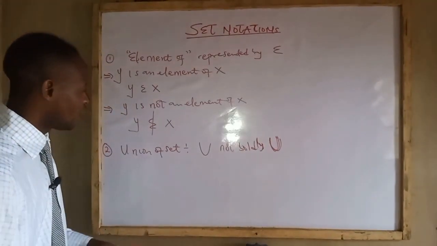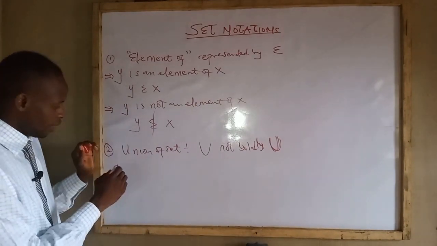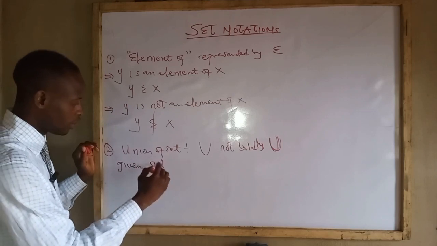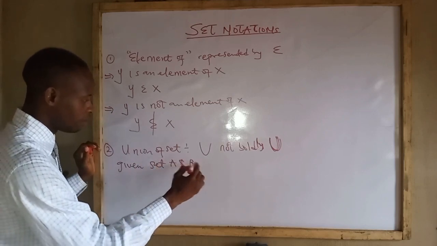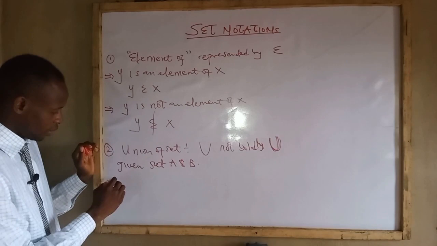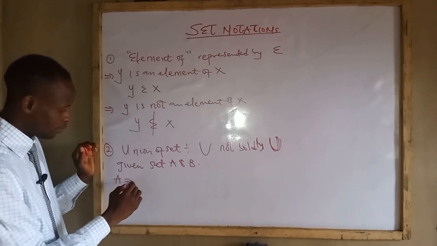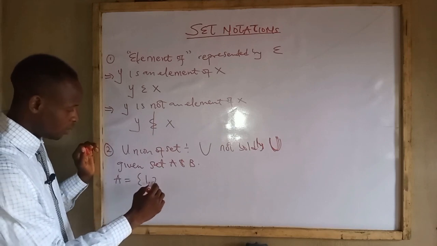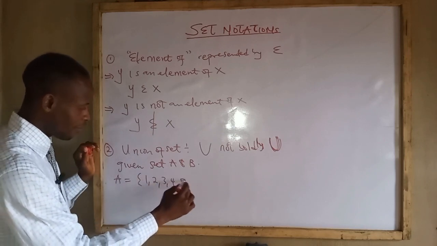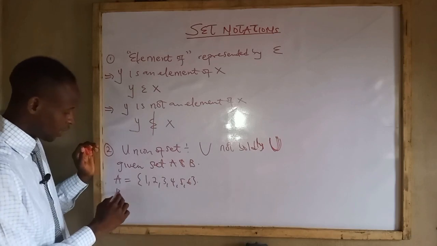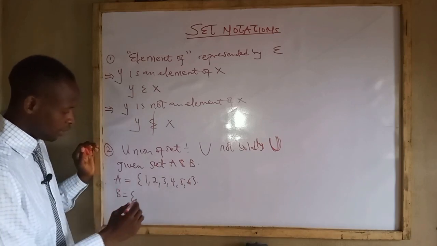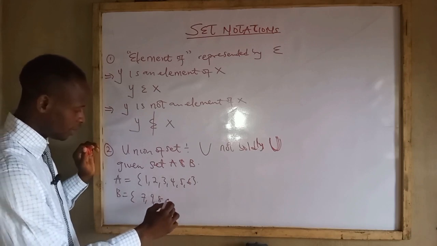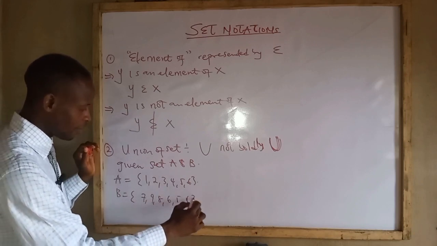Okay, so now let's give an instance here. Given sets A and B, we can say A is, let's say, 1, 2, 3, 4, 5, and 6. I'll say set B is 7, 9, 8, 6, 5, and 4.